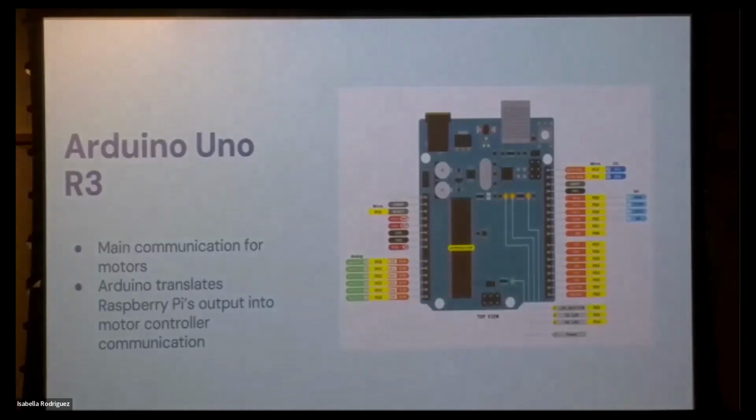So what the Arduino does, it's the main communication for the motor controller board. So it'll take all the inputs and outputs of that board and translate it to the Raspberry Pi's output. Due to Arduino being coded in C and Raspberry Pi being in Python, we'll have to use pins to translate all of that language so it could simultaneously run under the Pi.